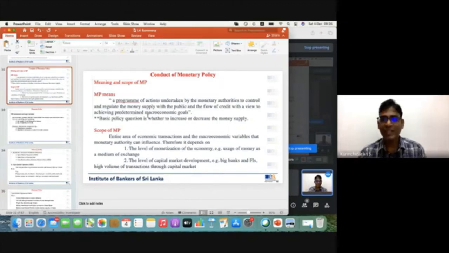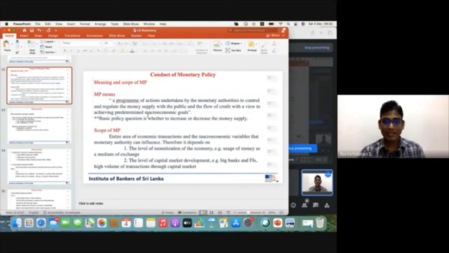If a monetary authority can control inflation, maybe the exchange rate, maybe employment, anything that can be controlled by the central bank, that's the scope.